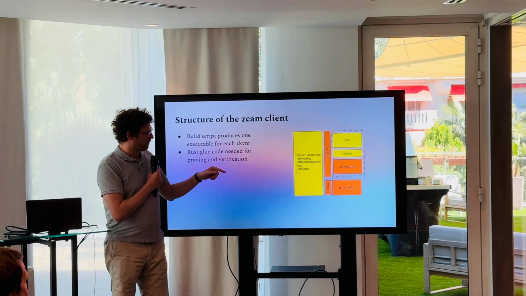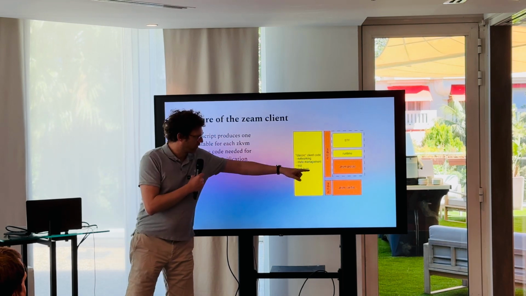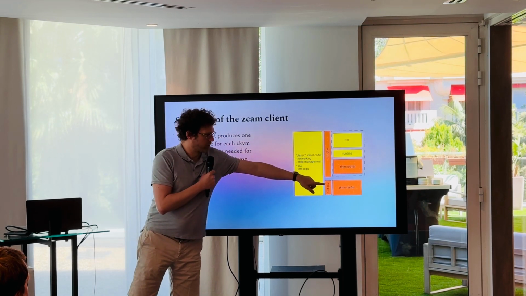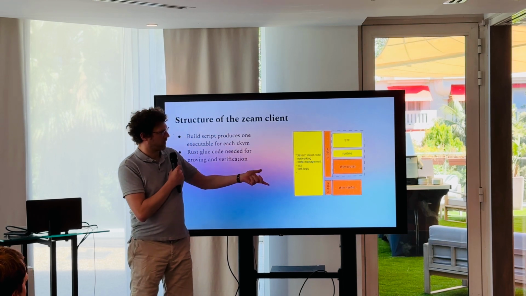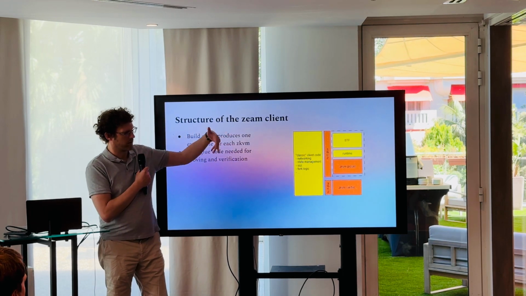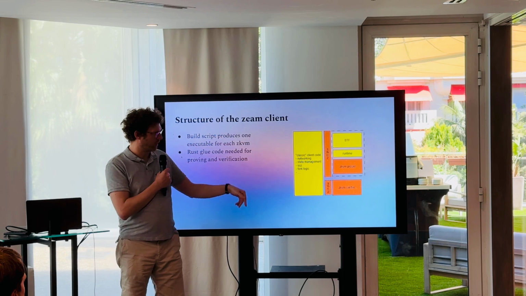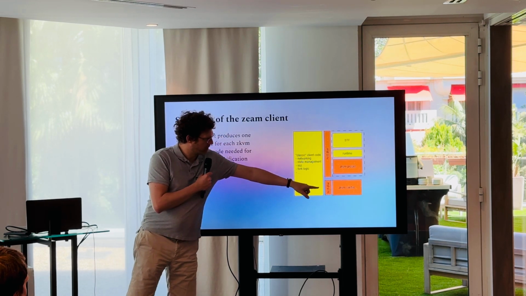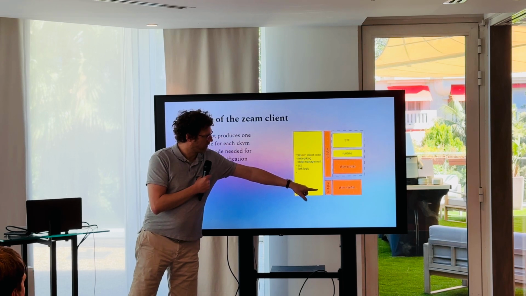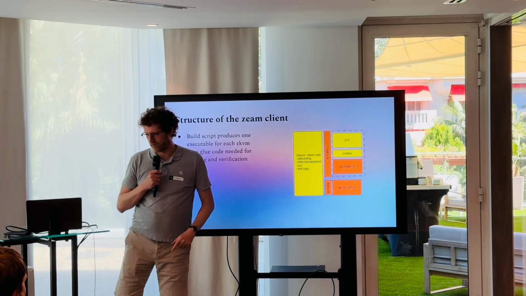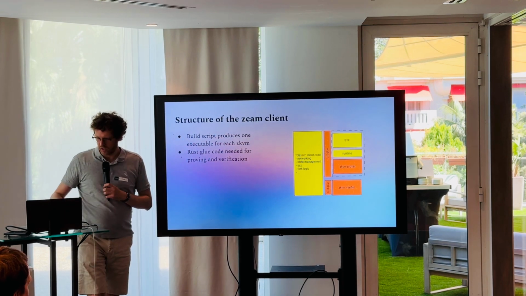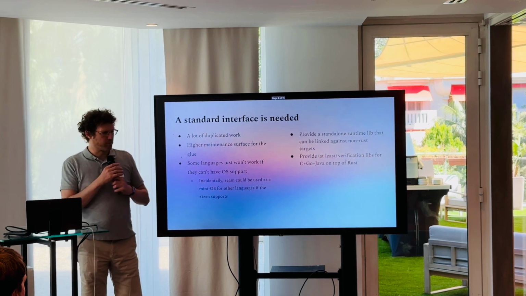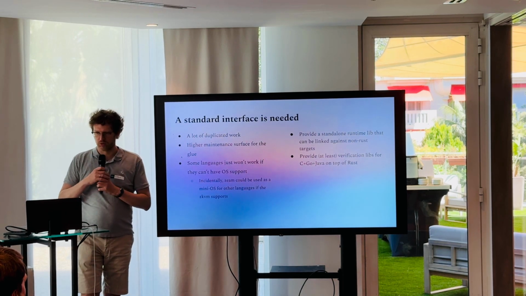And then when you need to do the proving, you have to go through a Rust glue into the ZKVM prover that will kickstart the runtime, execute the state transition function, come back with the proof. This goes over the network, and then it comes back in another client over the Rust glue to the verifier. And I think what would really improve is if we could come up with a standard interface.